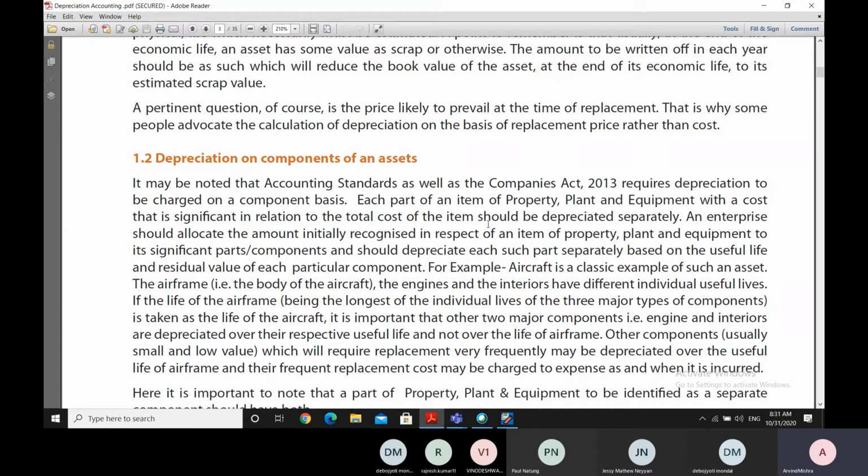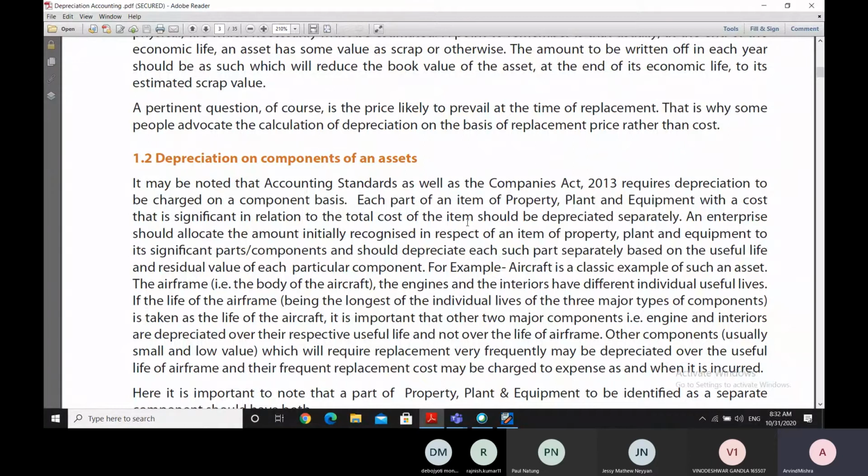It means that every component having a significant cost in relation to the total cost of the item must be depreciated separately.